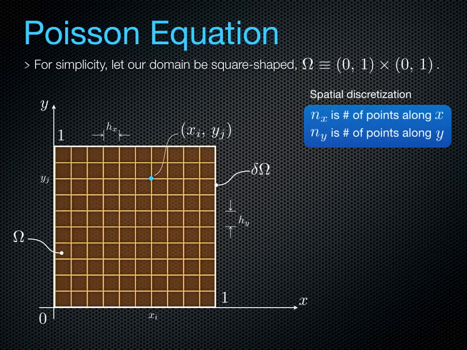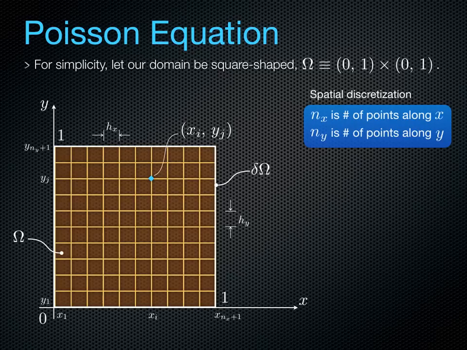If we choose our spacing to be h sub x and h sub y along the x and y directions respectively, then we can easily determine the addresses of points x sub i, y sub j using simple algebra.